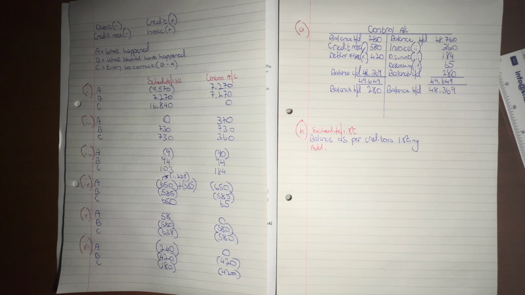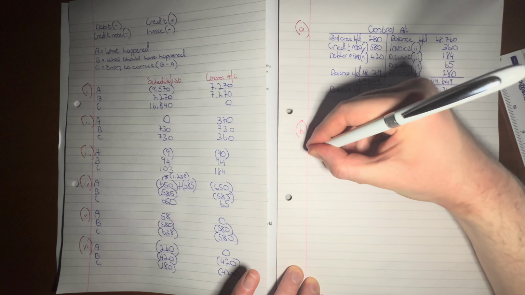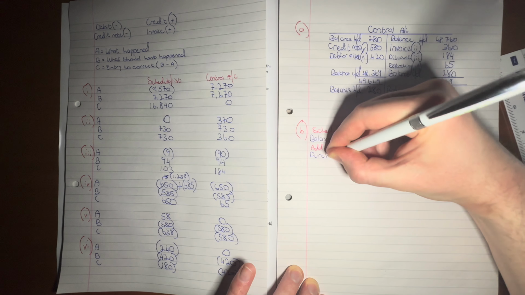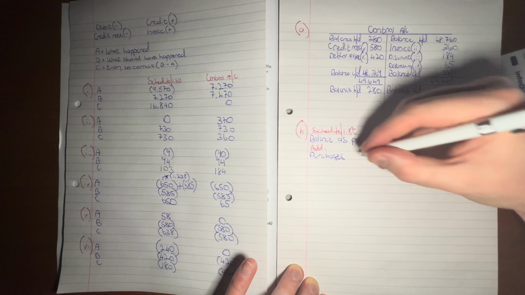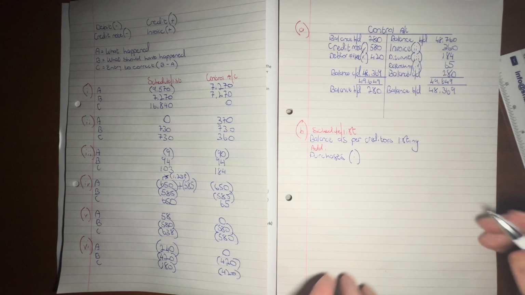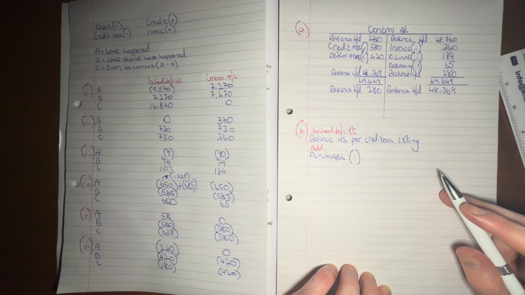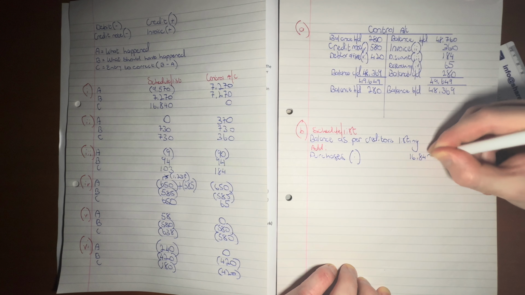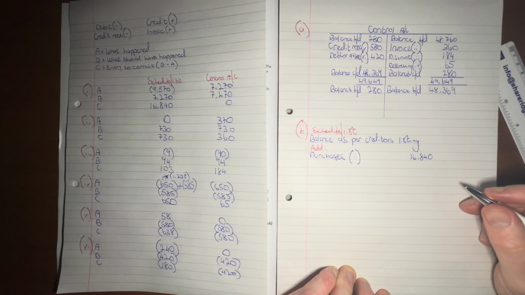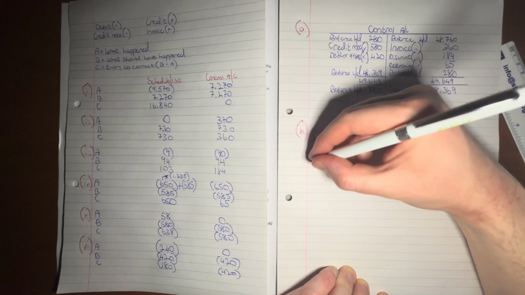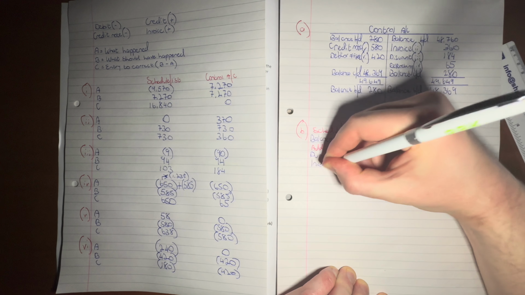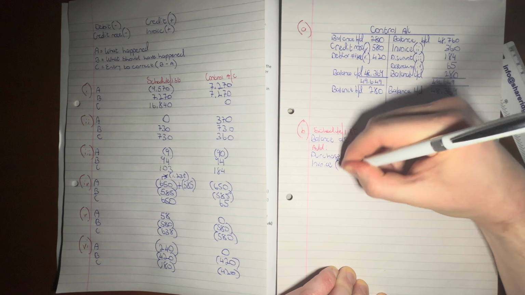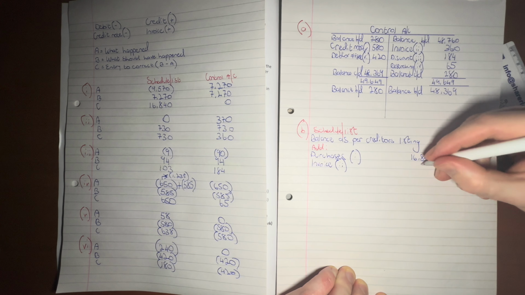part 1. Part 1 was to do with purchases, and that's going to be 16,840 added on. Then part 2 was to do with an invoice we received, and that's going to be 730.